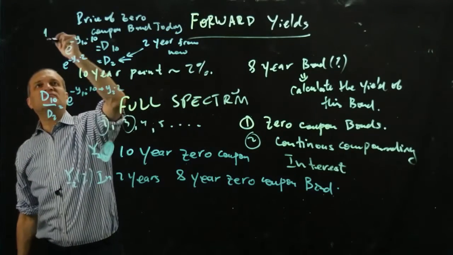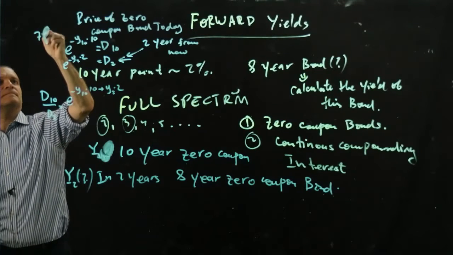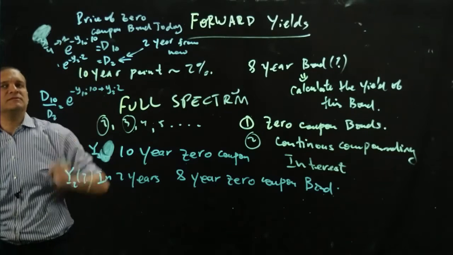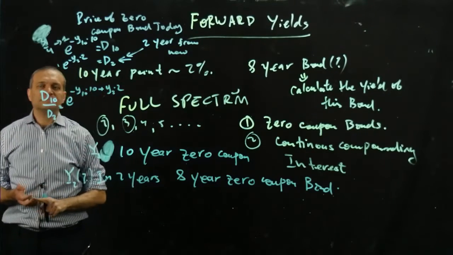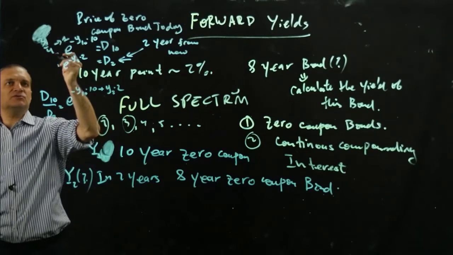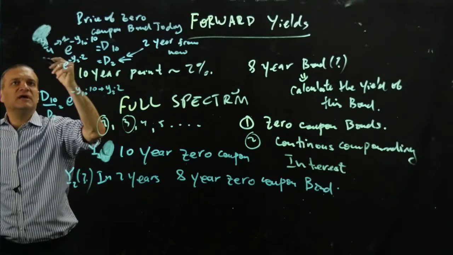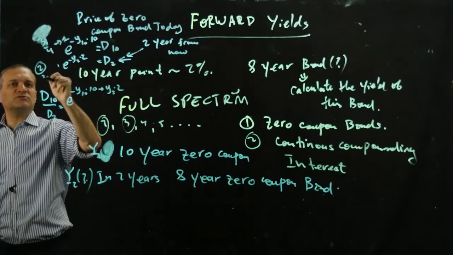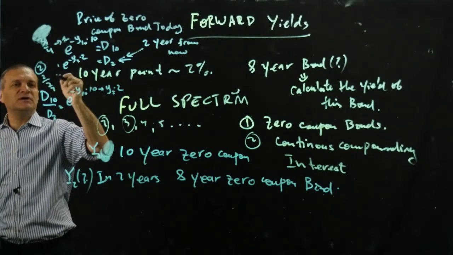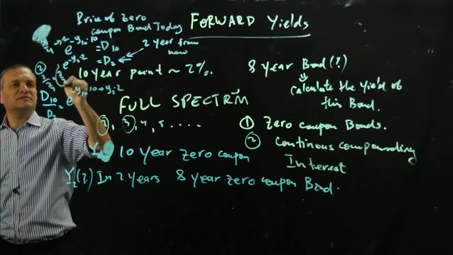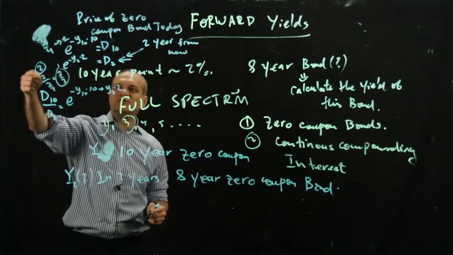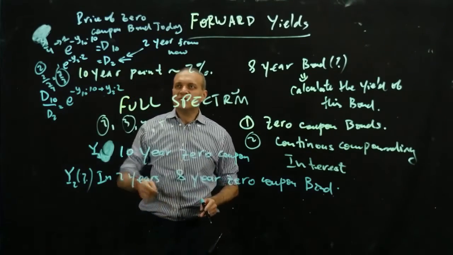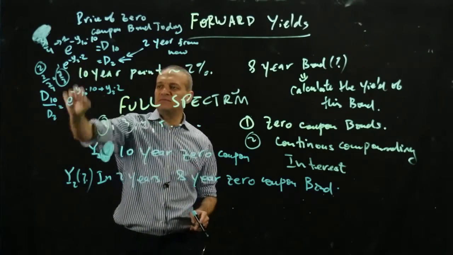If you have $2, all you need to do is take 2 and divide by 3/4, so it's going to be 8/3. So $2 today will be equal to $8/3 2 years from now. It's the same story here.